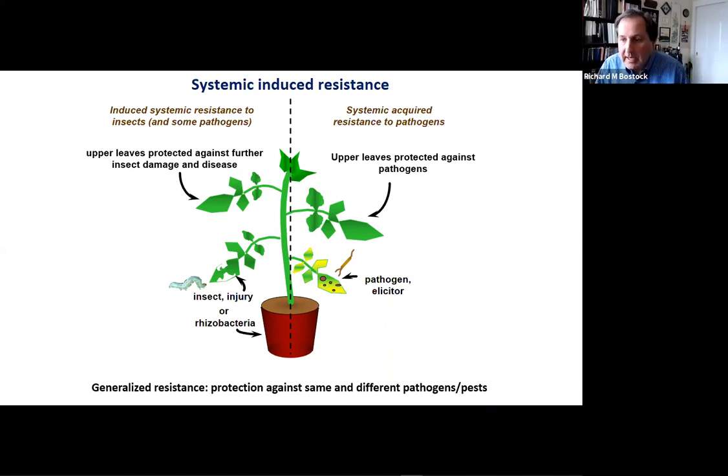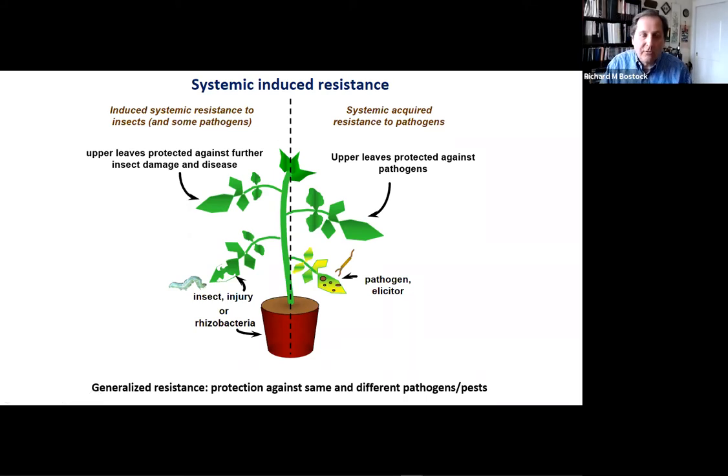And this is a generalized resistance. In other words, if a particular insect species is damaging a plant, it can protect against a different species of insect. The same with pathogens. If a certain species of bacterium or a fungus is causing damage on one part of the plant, it can protect other parts of the plant against attack by the same pathogen or a different species as well.